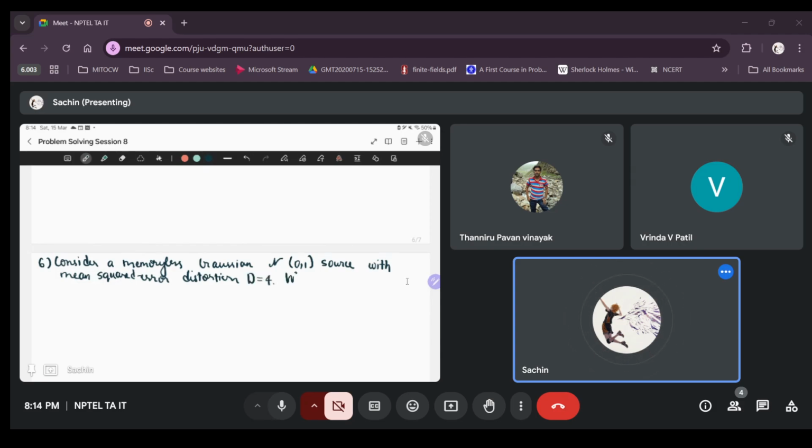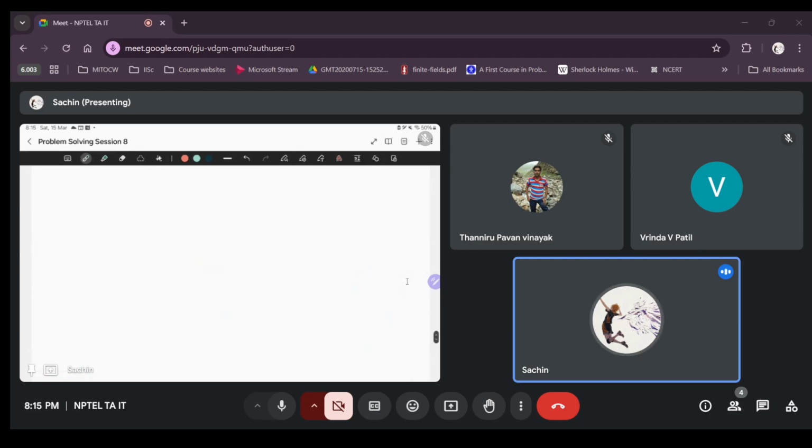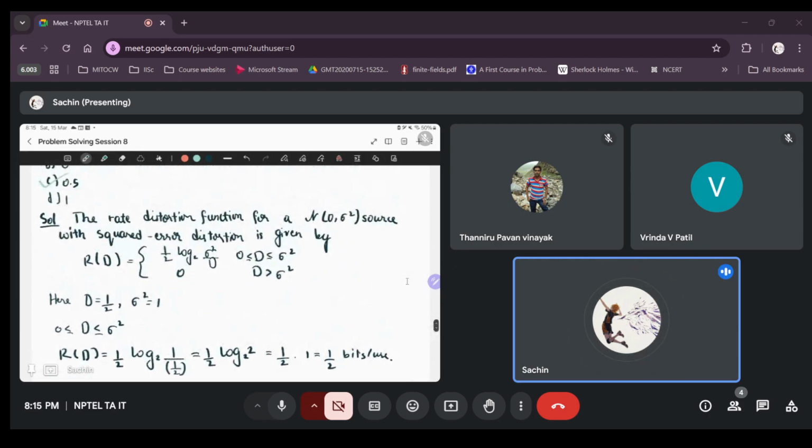What is the rate distortion function for this source? So the setting is similar to the previous case.